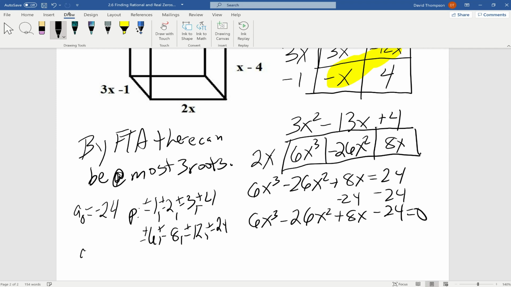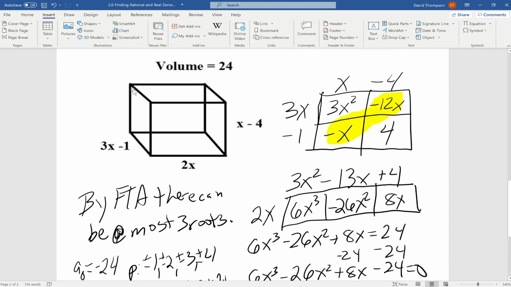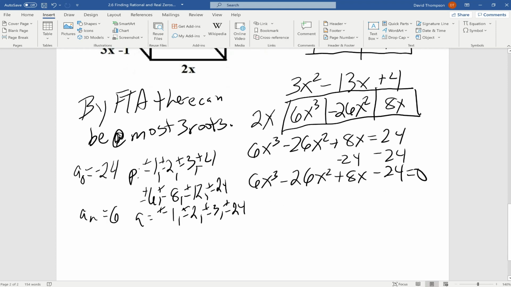And then we have our AN, which is our leading coefficient. That's 6. So our Q is going to be plus and minus 1, plus and minus 2, plus and minus 3, and plus and minus 6. So we're being asked what the largest possible root is.